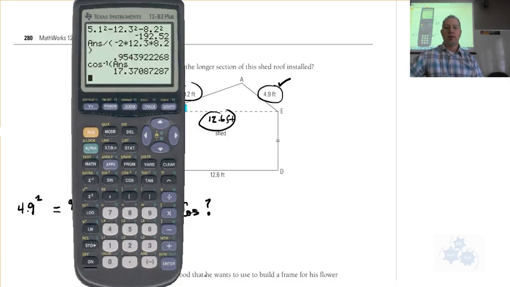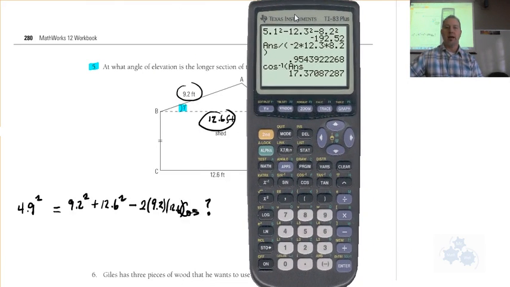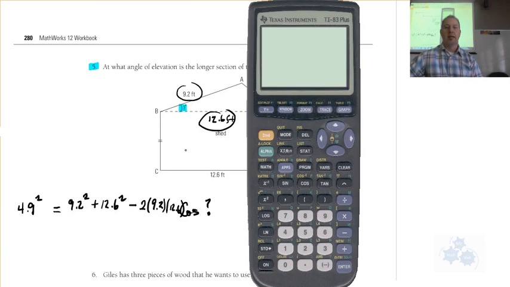So let's try and do all of this at one time with our calculator. Can we do that? I think we can. Okay, so let's do a bracket. I'm going to do 4.9 squared minus 9.2 squared minus 12.3 squared. Okay.